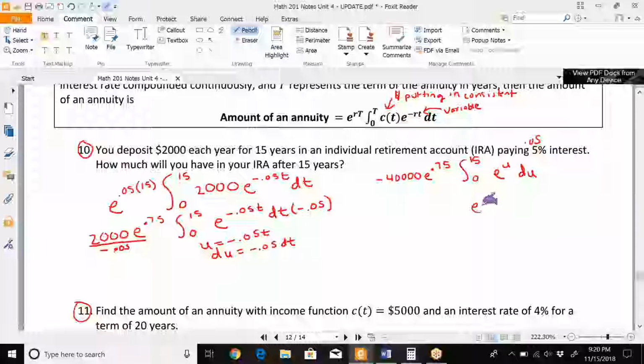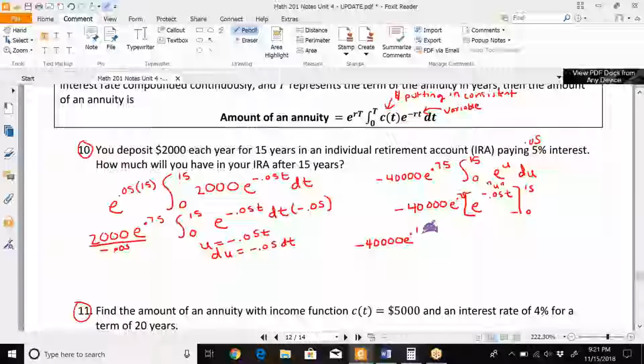So that's going to just be an e to the u, which we know our u was negative 0.05 t, because that's u. And we're going to evaluate that from 0 to 15. And we have this as our multiplier at the end. We're going to multiply it by negative 40,000 e to the 0.75. Okay, so the first thing I'm going to do is evaluate those two limits, the upper and the lower.